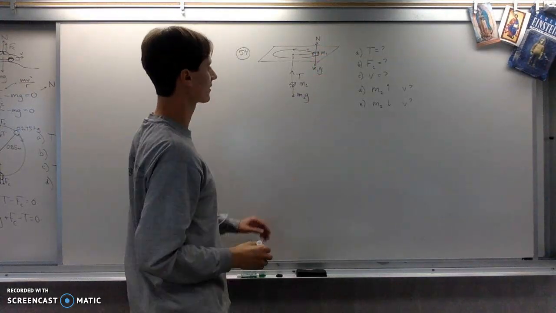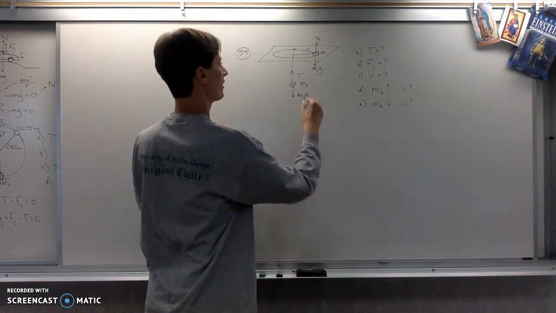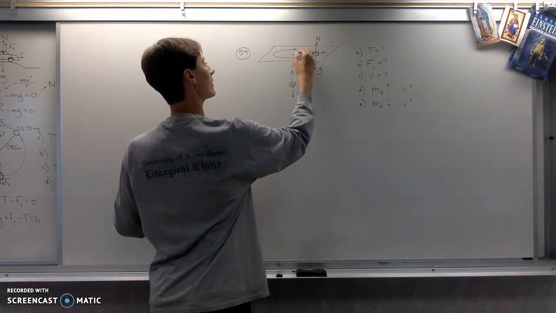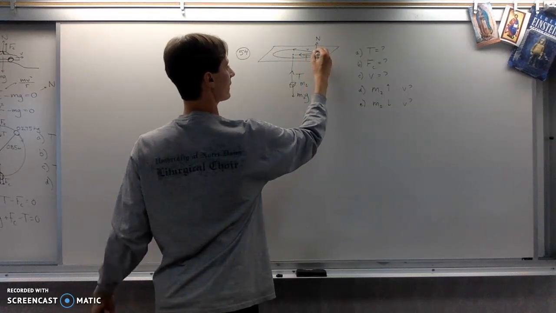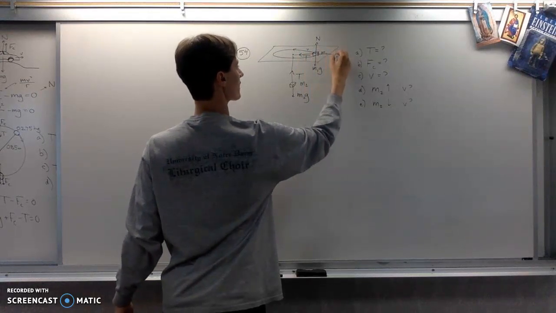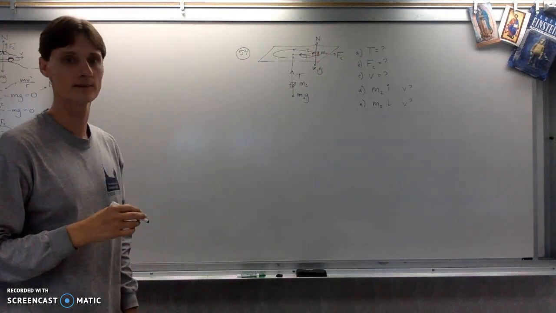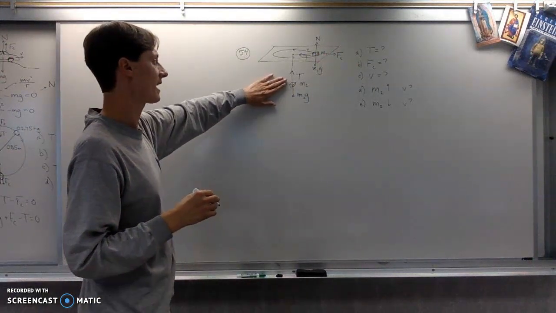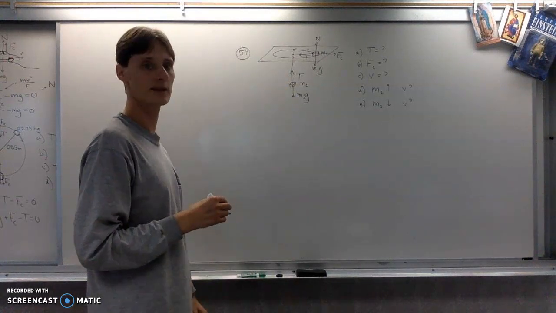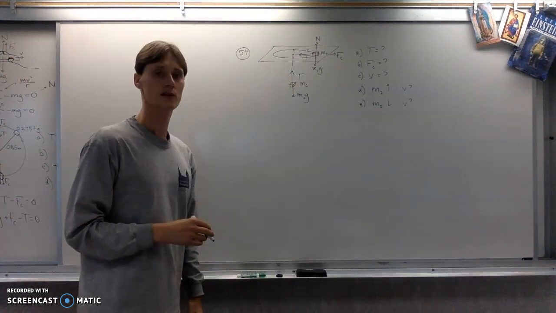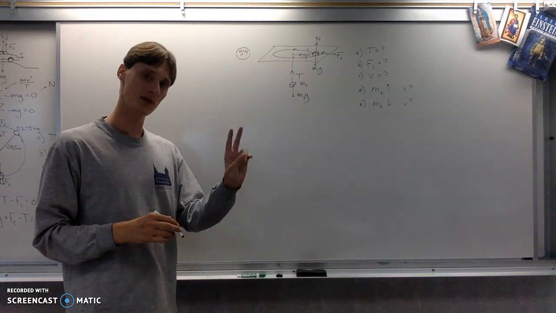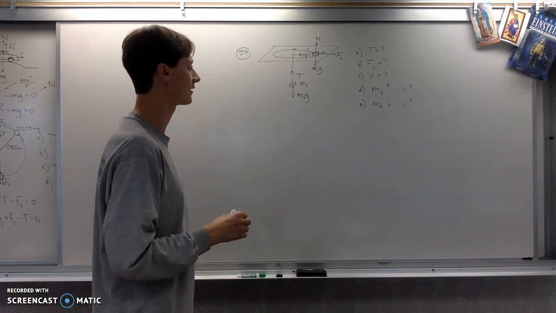All right, so there's most of them. We have tension inwards, and we have centrifugal force outwards on the mass number 1. And then on the hanging mass, we've got tension and the weight of the object. Okay, so now that we've drawn in all of our forces, step 2 is we've got to write all of the force equations.